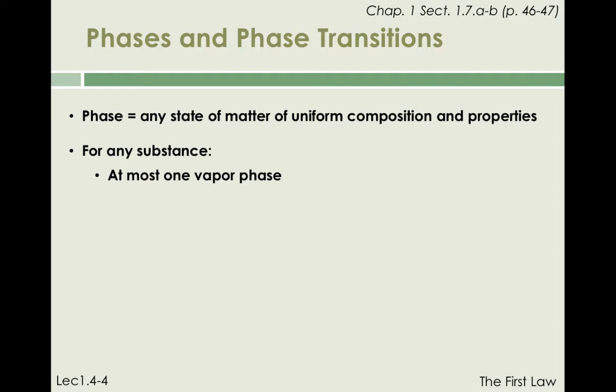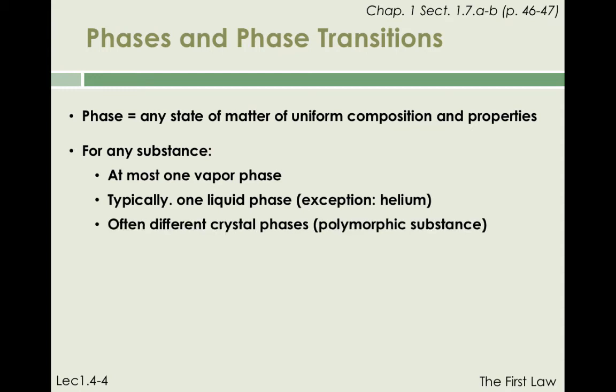That is why you should not expect to hear anything about the physical properties of DNA or polyethylene in the vapor phase. All substances except helium exhibit a single liquid phase.